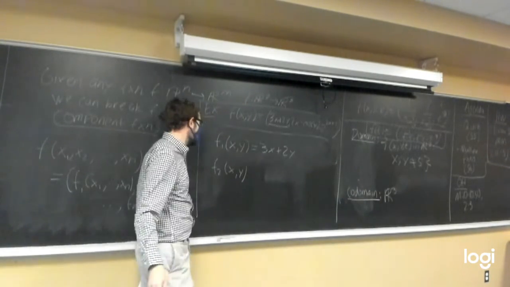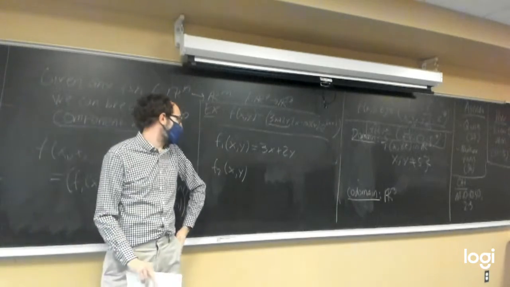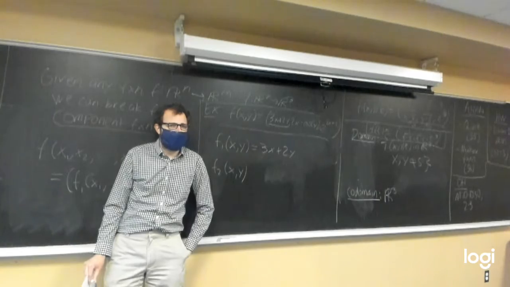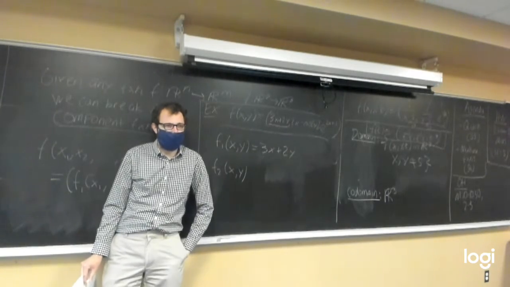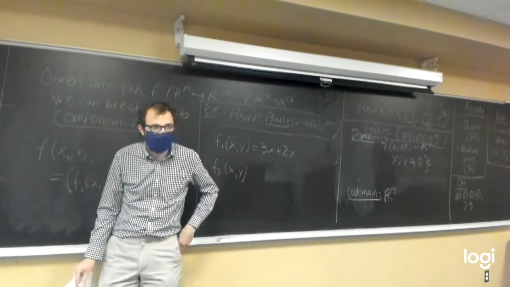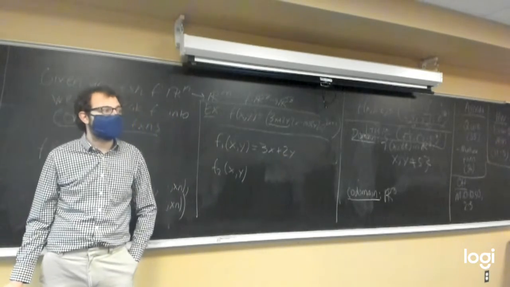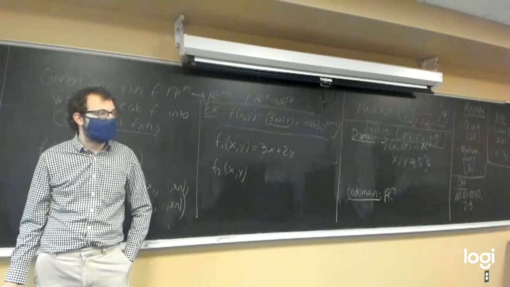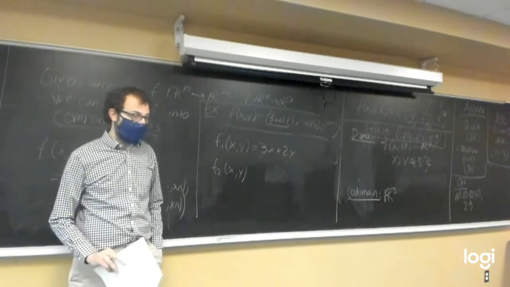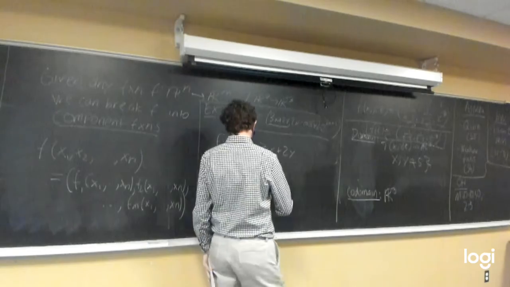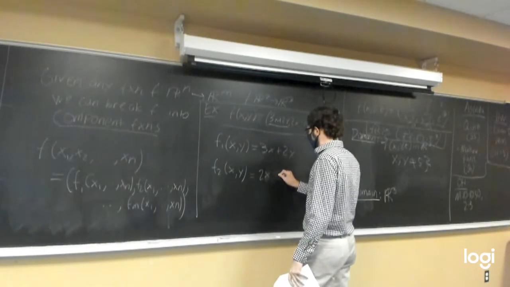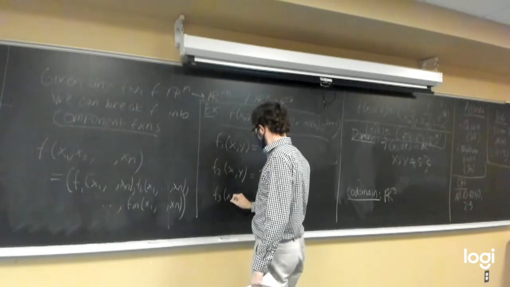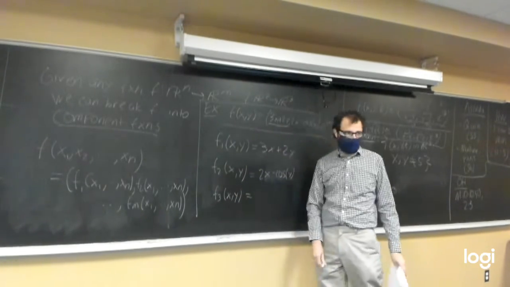So if our first component function is 3x plus 2y, what would our second component function be? Yeah, 2x minus cosine of y. And our third?